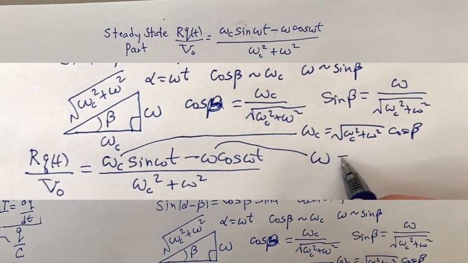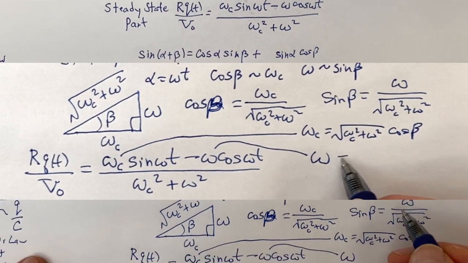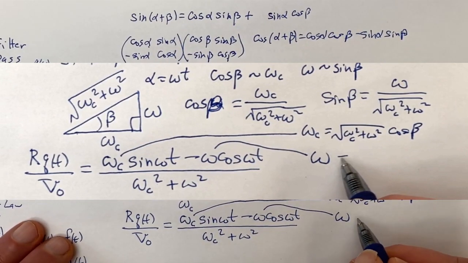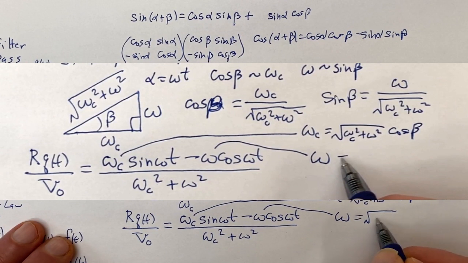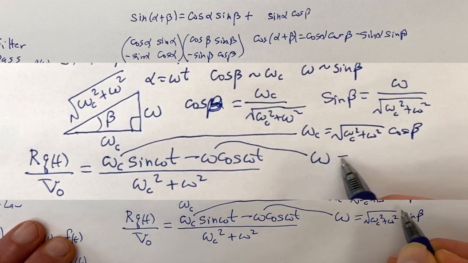I want to plug it in. And this one here, this omega, using this equation, is going to be equal to the square root of omega c squared plus omega squared, and that's going to be then the sine of beta.